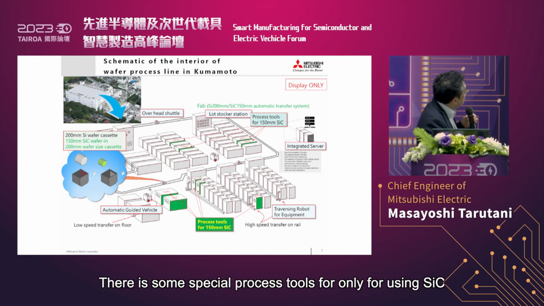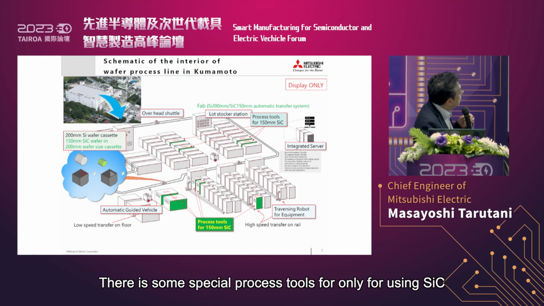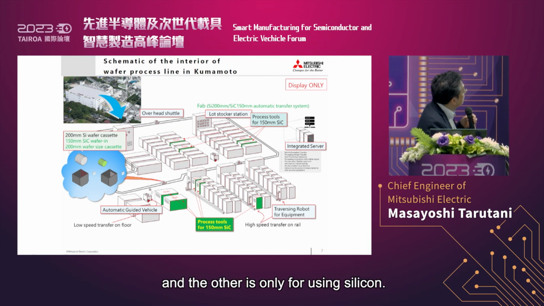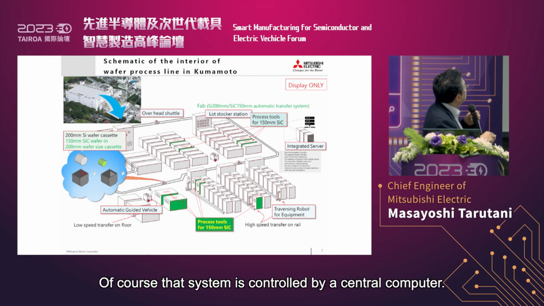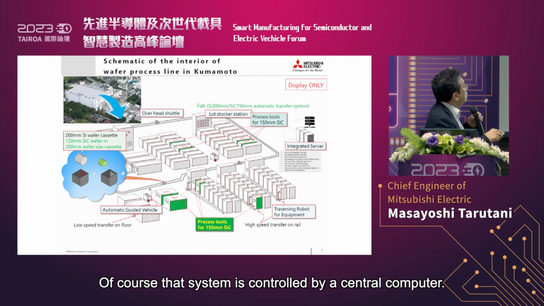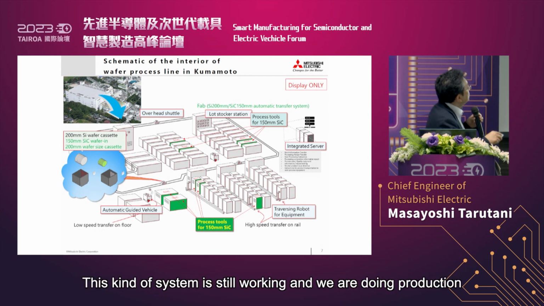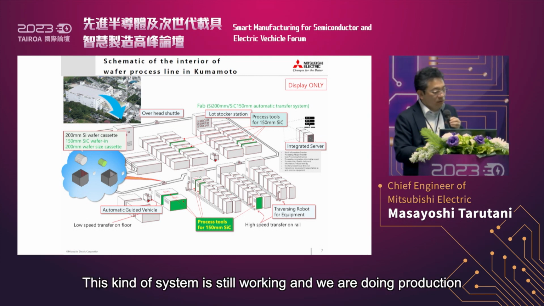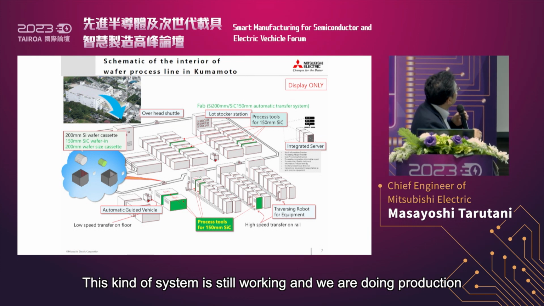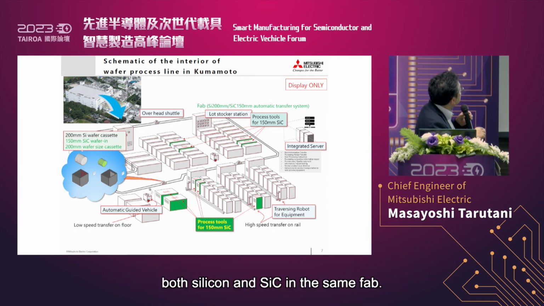There are some special process tools used only for SiC, and others used only for silicon. But of course, the system is controlled by the central computer, so no mistakes occur in transfer or processing. So this system is still working, and we are doing production of both silicon and SiC in the same fab.